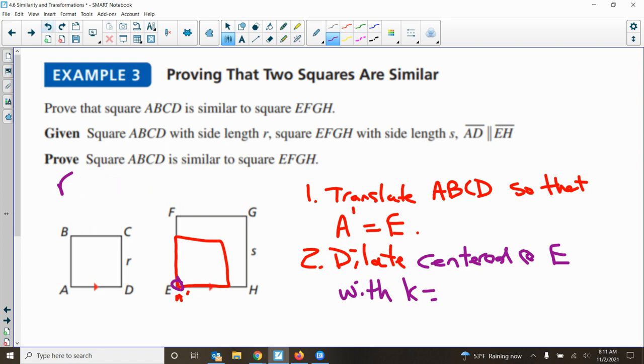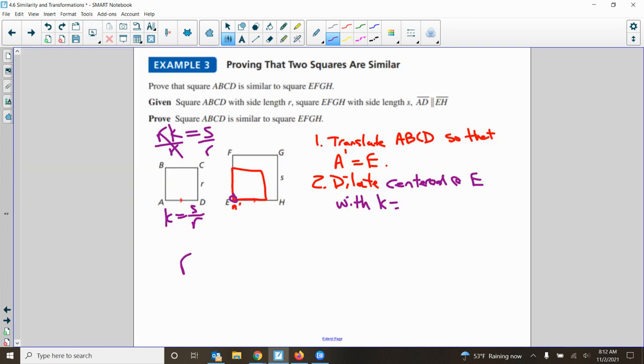What do I need to multiply R by to get S? Let's solve for K. Let's divide both sides by R. What is R times S divided by R?